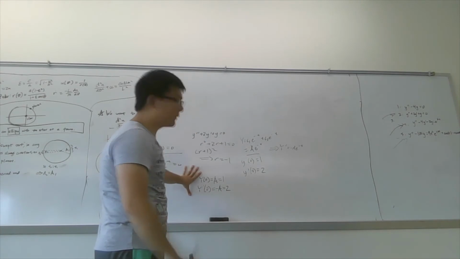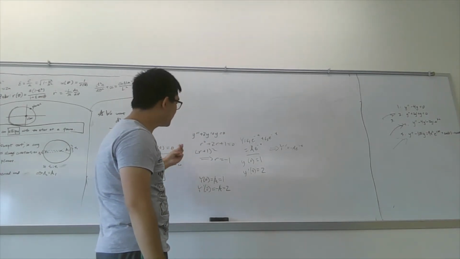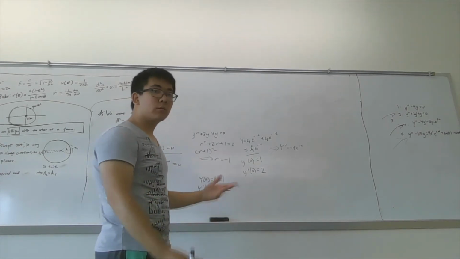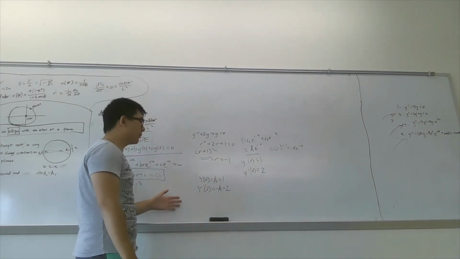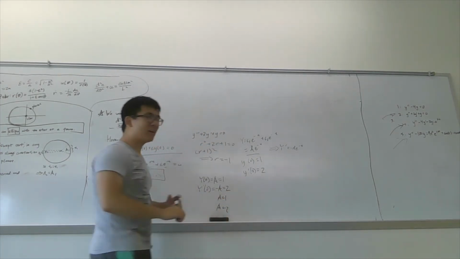You get this system of equations. And this tells you that a equals 1, but also that a equals negative 2. And this is clearly a contradiction.